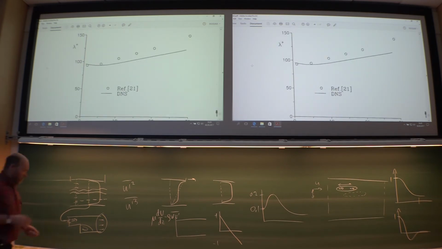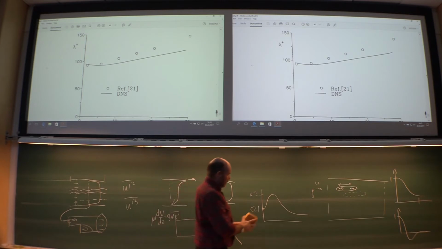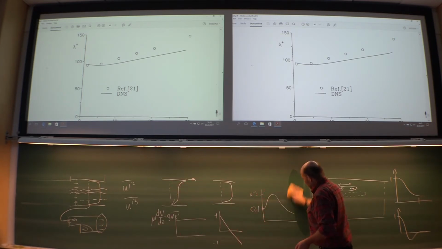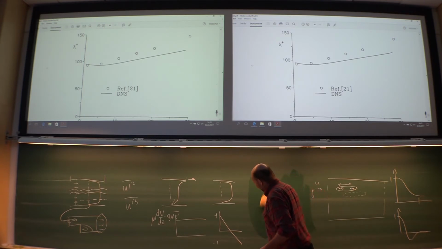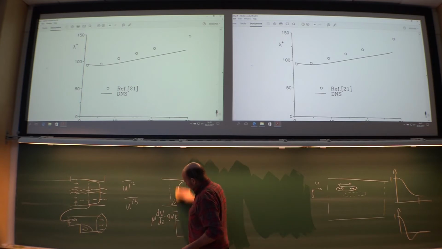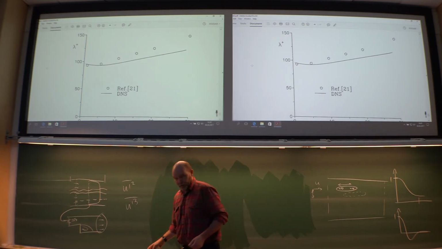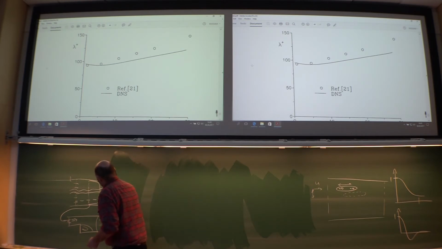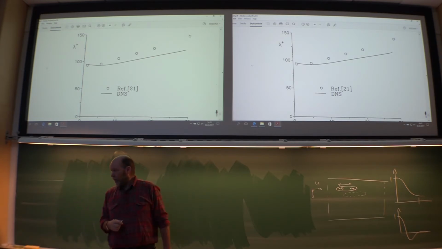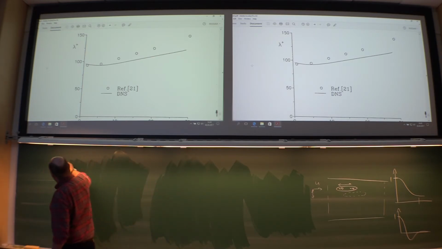Continuing here with the correlations. I can remove this one. If you take a Fourier transform of your two-point correlations, then you get what is called an energy spectra. So that's something we should talk about.